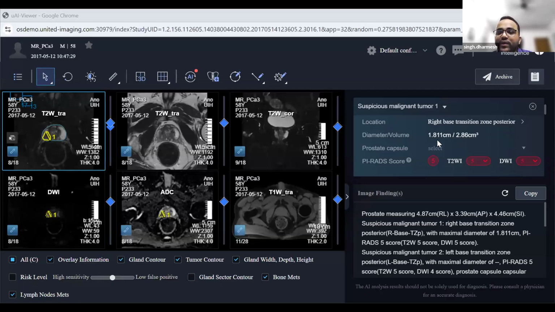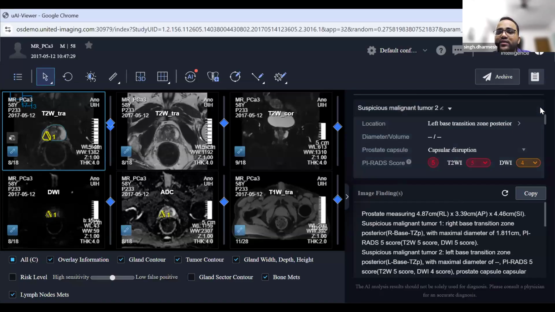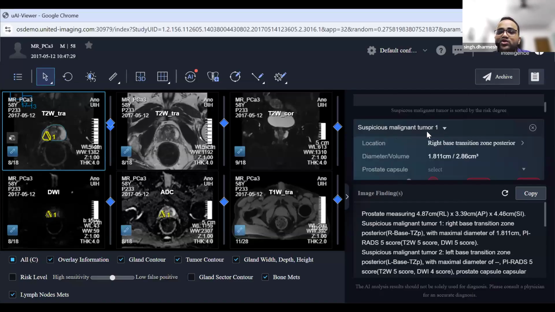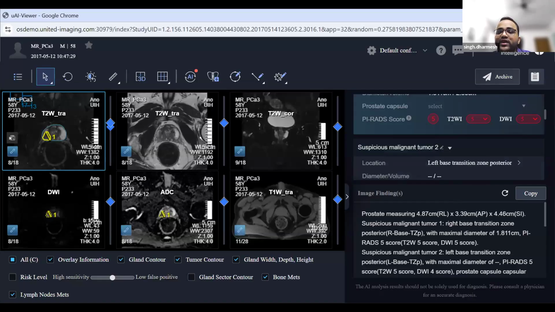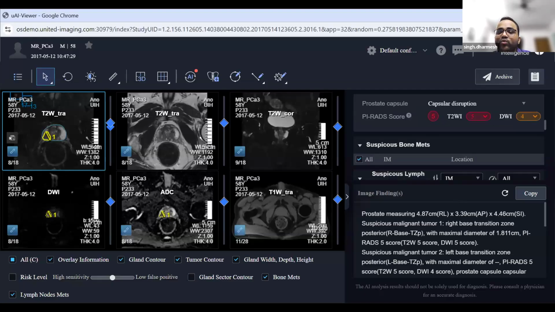It shows the diameter, volume, and based on these features, it assigns the PI-RADS score. PI-RADS score 5 means a high grade tumor is there. There is a lot of information, like tumor 1. If there are multiple tumors, it shows the multiple tumors also.